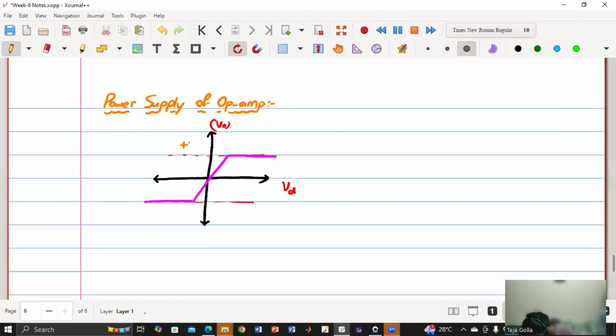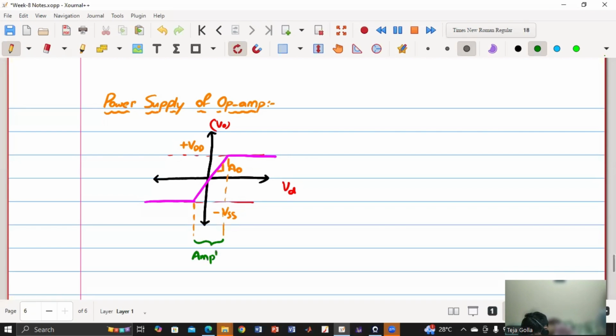Beyond that, it cannot work as an amplifier, because that comes from practical constraints. And this gain is A naught. Within this region, it works like an amplifier.